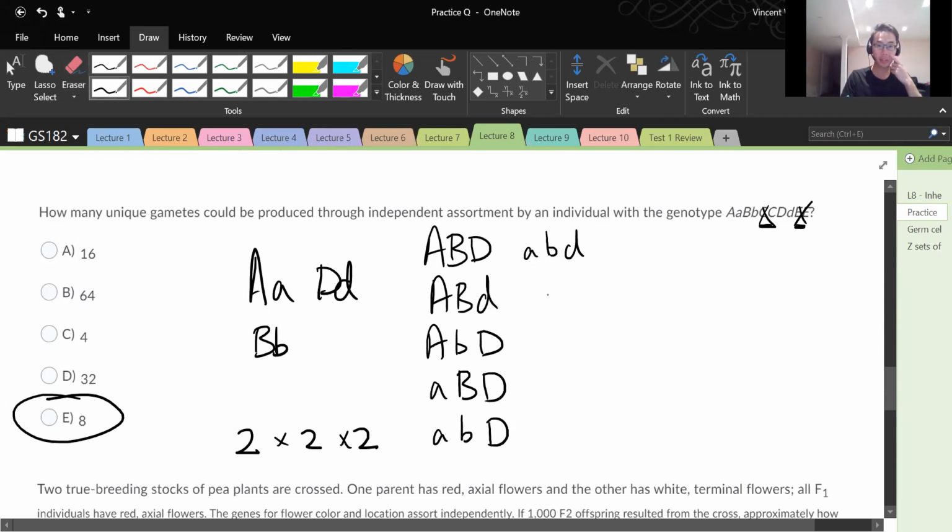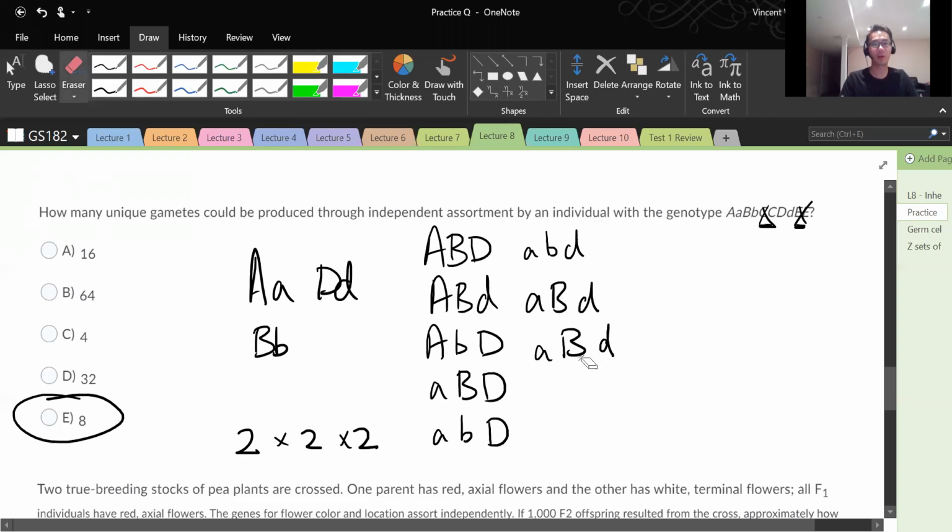A, B, D, A, big B, small d, A, small b, D. Sorry guys, help me out here. What else am I missing? Thank you. A, big B, small d. Did we have that one yet? We don't. Okay, so those are the 8 possible outcomes.